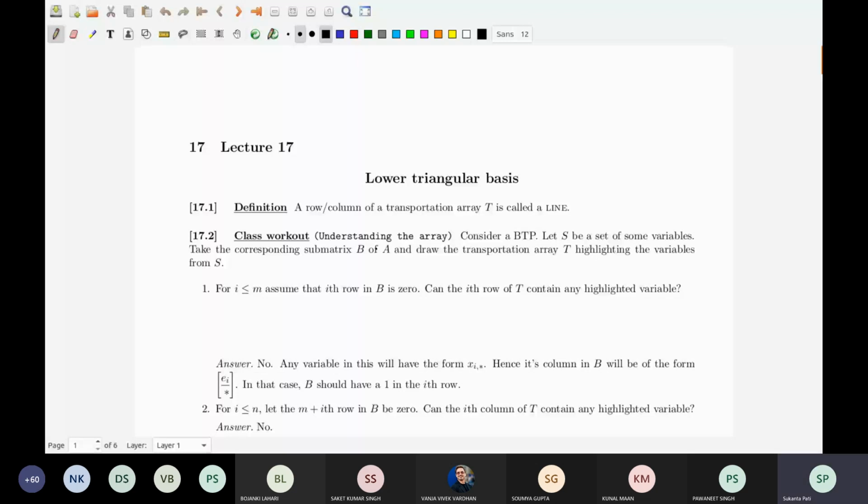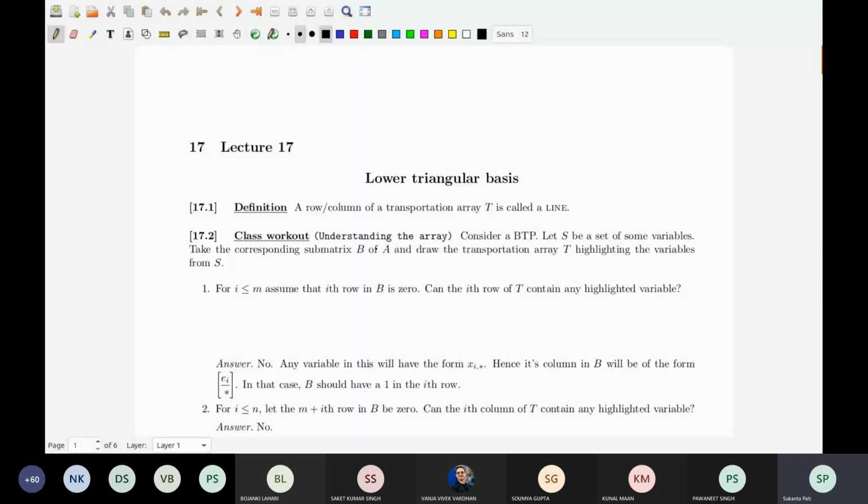And we also saw that the basis matrix corresponding to a basis has rank m plus n minus 1. So that we know.